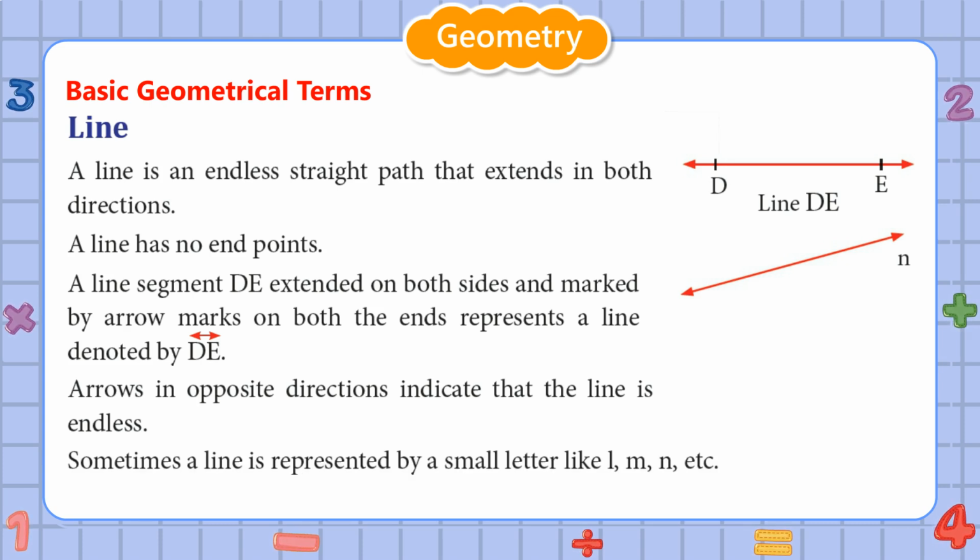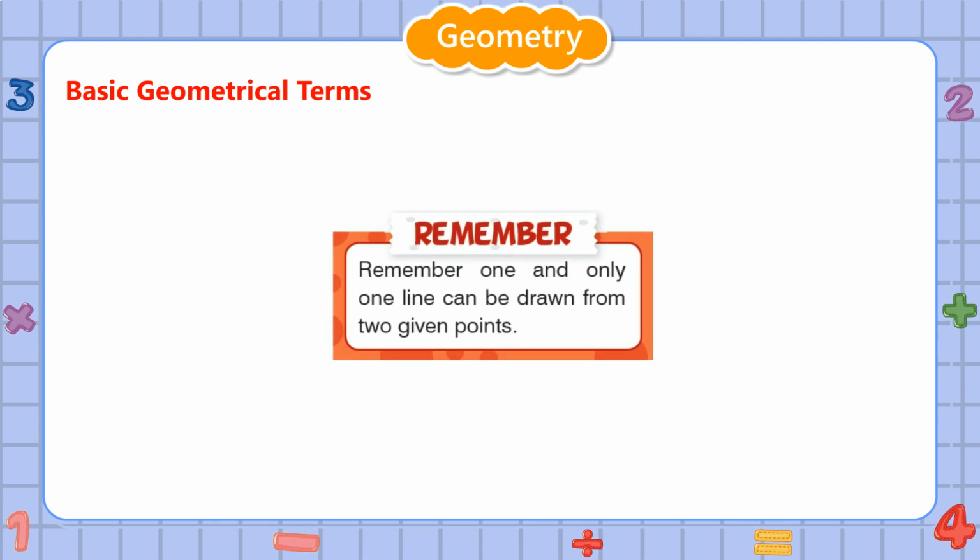Sometimes a line is represented by a small letter like L, M, N, etc. In the adjoining figure, N is a line. Remember, one and only one line can be drawn from 2 given points.